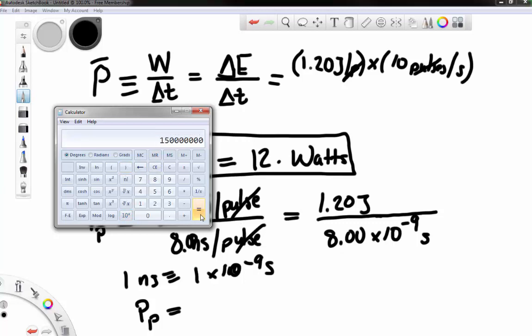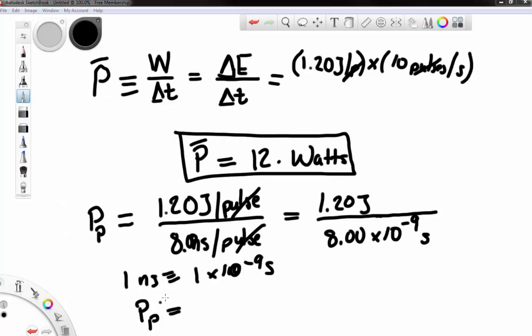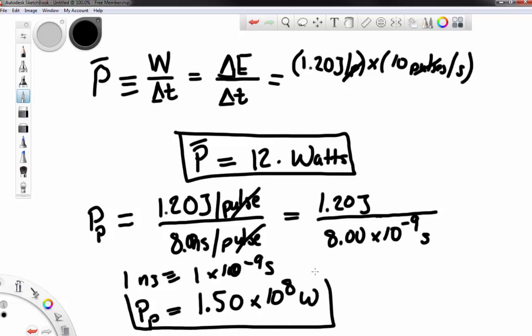And so I come up with this number, which is actually about 1.50 times 10 to the 8 watts. So 0.15 gigawatts. Okay, that's assuming that the pulse is what would be called a square pulse, meaning same power per unit time for the entire duration of the pulse.